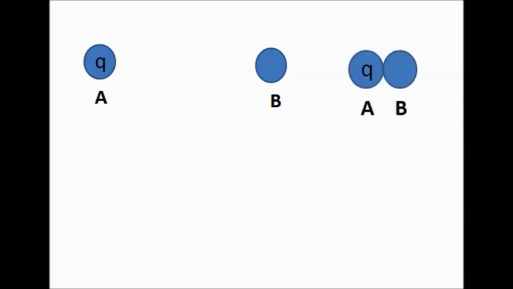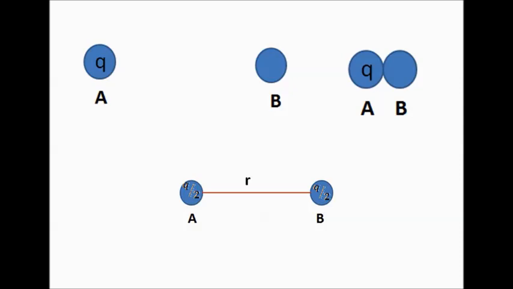Next, I am bringing metallic sphere A into contact with metallic sphere B. Now what will happen? The charges will get redistributed between these two metallic spheres. That is, the charge will be shared.